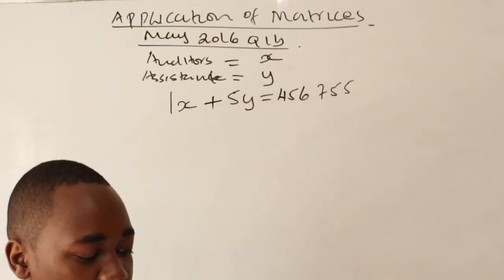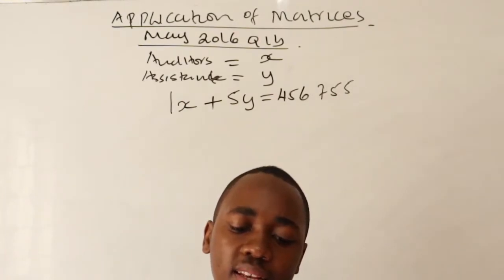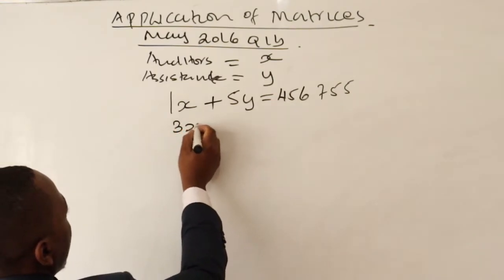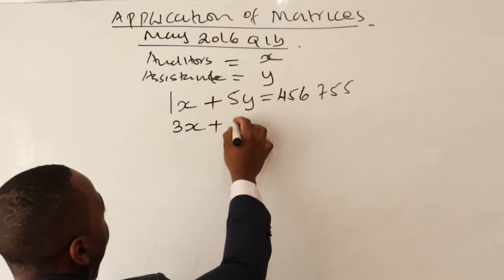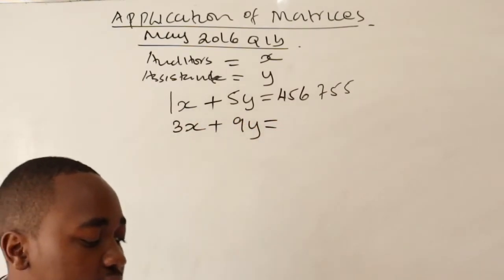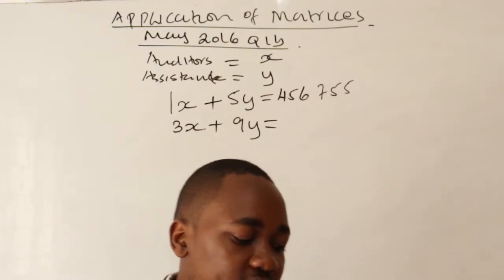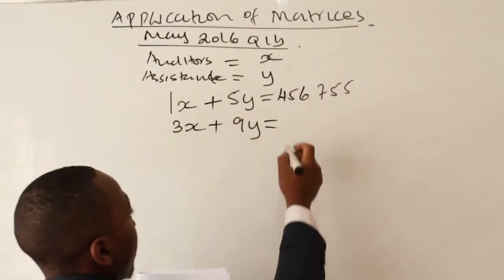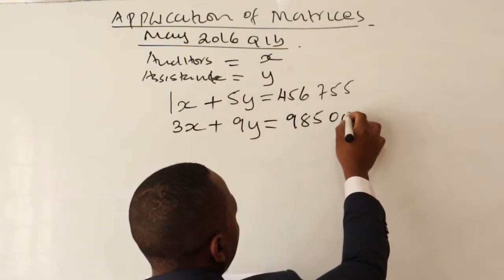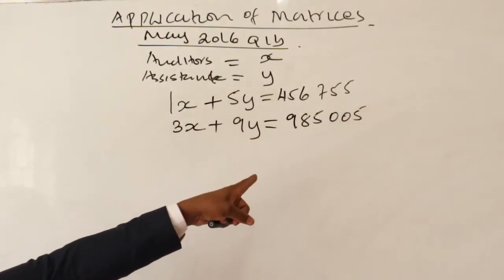That's what you are given. Whereas the total monthly salary of 3 auditors and 9 assistant auditors amounts to 985,005. You have that.